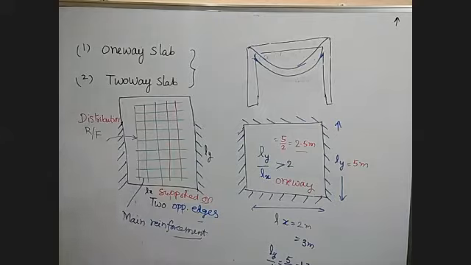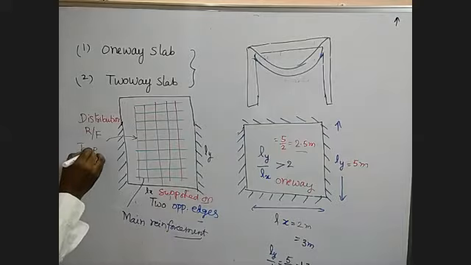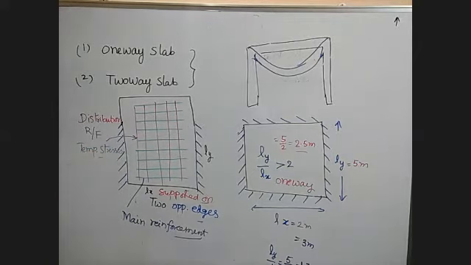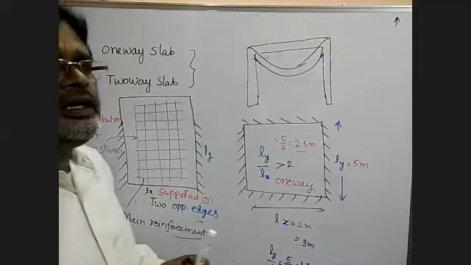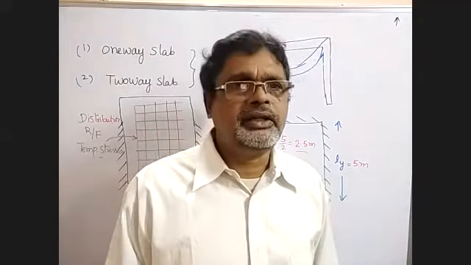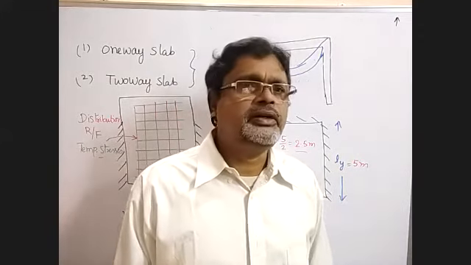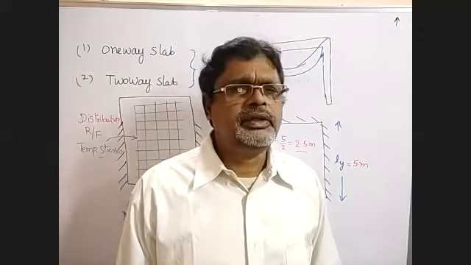This distribution reinforcement will take care of the temperature stresses. Why will the temperature stresses develop? In extreme hot conditions, that is in the summer, we have temperatures from 40 to 48 or 50 degrees centigrade.